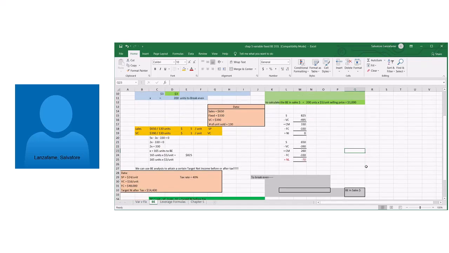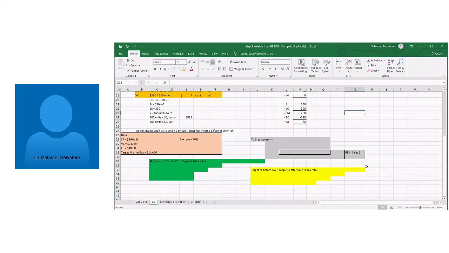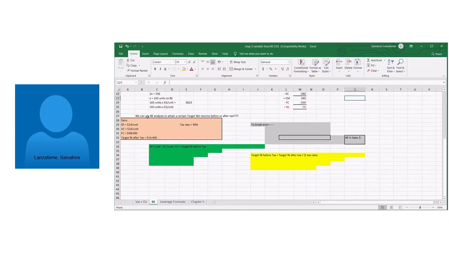Okay. Another usage of break even would be, what if you don't want to just do break even? What if you have a target net income? Okay, so I've got some other data for you. So we've got selling price, $24 a unit, variable cost, $16 a unit, fixed costs, $48,000, and target net income after tax, $14,400.